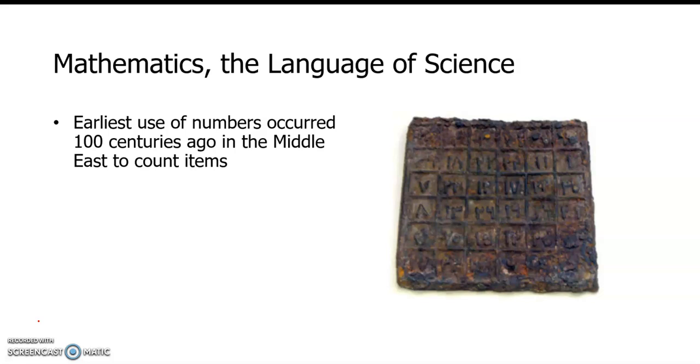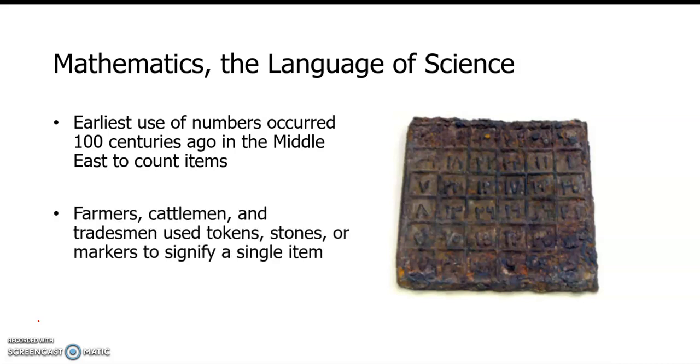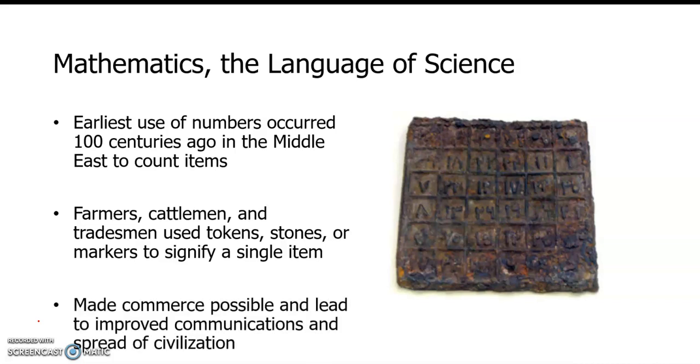Because the earliest use of numbers occurred 100 centuries ago, in the Middle East, to count items or products. Farmers, cattlemen, and tradesmen used tokens, stones, or markers to signify a single item. So doon nagsimula ang mathematics. And then they made commerce possible and led to improved communications and spread of civilization.